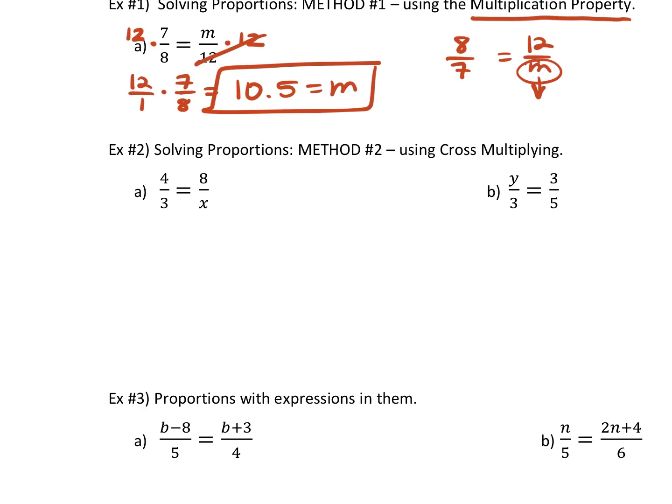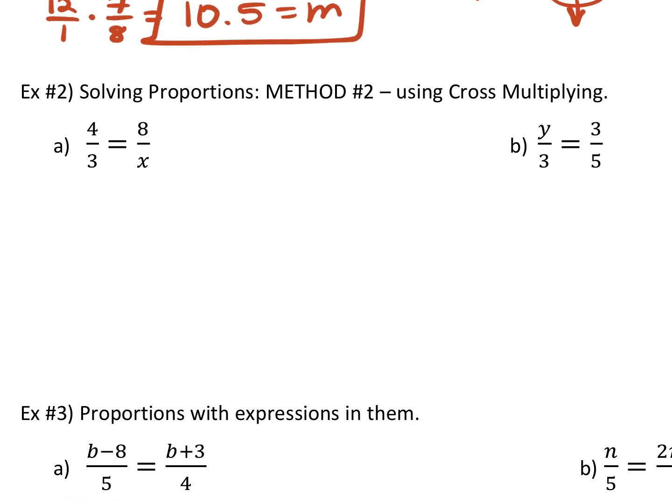Okay, then this is probably the one that you have heard of a lot. Solving proportions using cross multiplying. Does that sound familiar? So notice these are fractions, ratios that are set equal to each other.